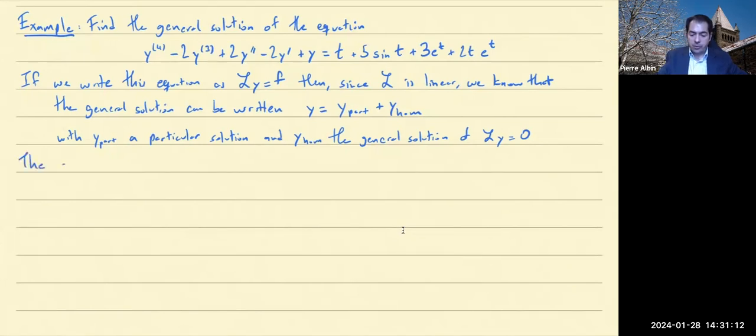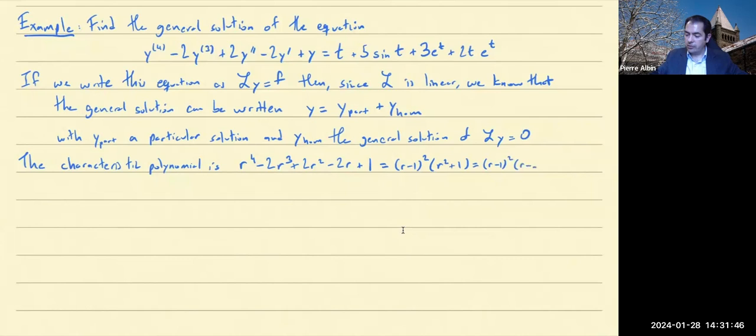We compute the characteristic polynomial. The characteristic polynomial in this case is r to the 4th minus 2r cubed plus 2r squared minus 2r plus 1, right? And this factors as r minus 1 squared times r squared plus 1, right? So you can further factor that into r minus 1 squared times r minus i times r plus i, right?